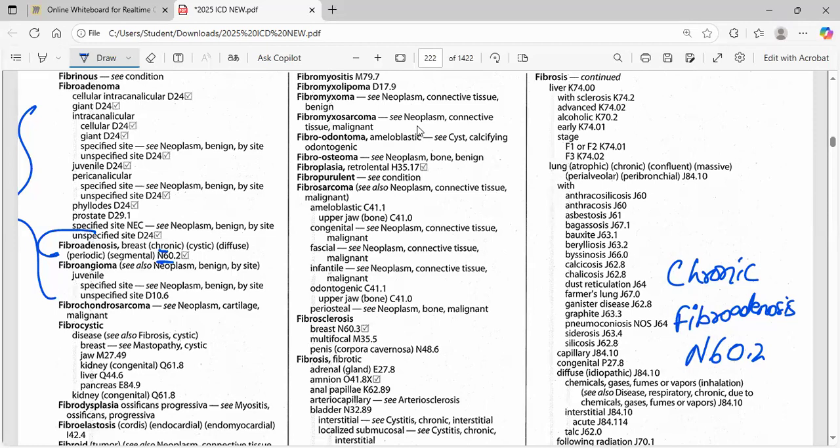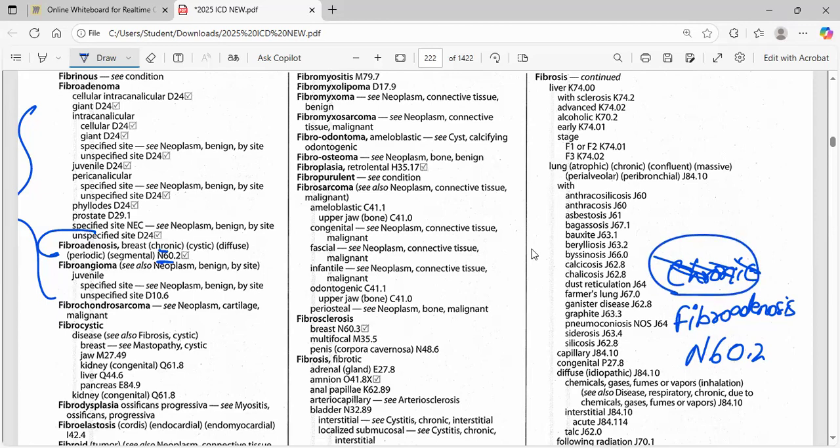So the words listed in the parenthesis are the non-essential modifiers. That means if we have these words in our question, then we will consider them, but if it does not have these words in our question, then we will neglect them. So when the question does not have this chronic statement, our code should be N60.2. And when we have chronic listed, then also our code should be N60.2.